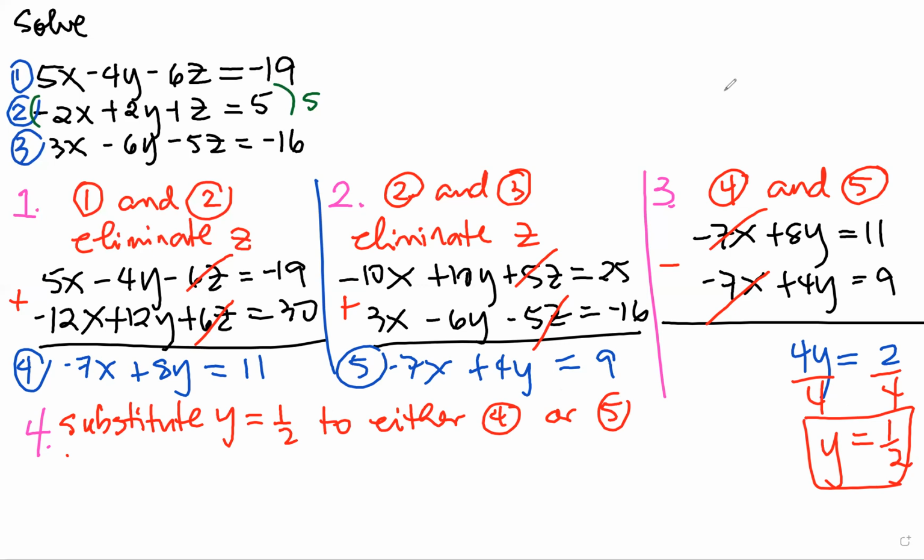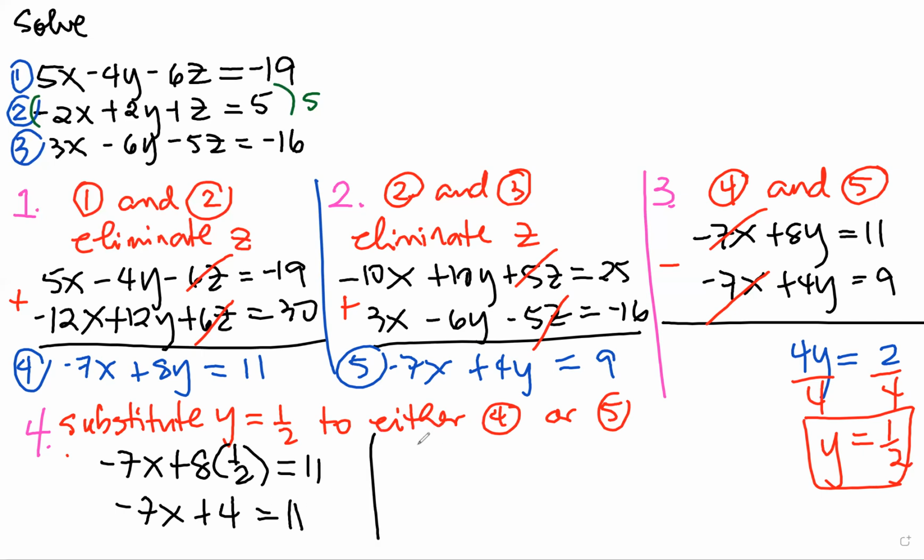So let's use the fourth: negative 7x plus 8, your y is 1/2, is equal to 11. So negative 7x plus, half of 8 is 4, is equal to 11.